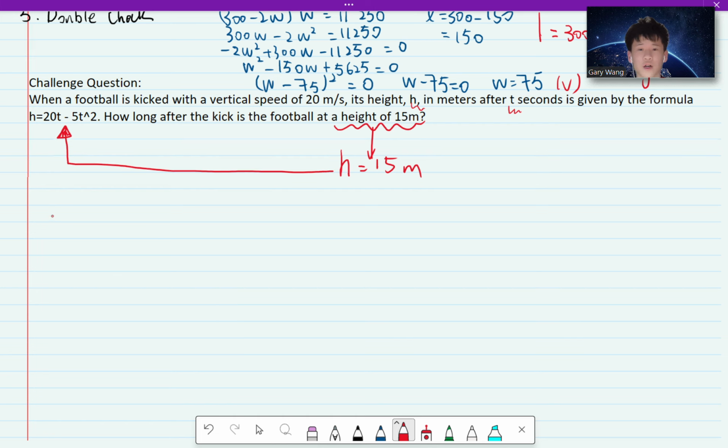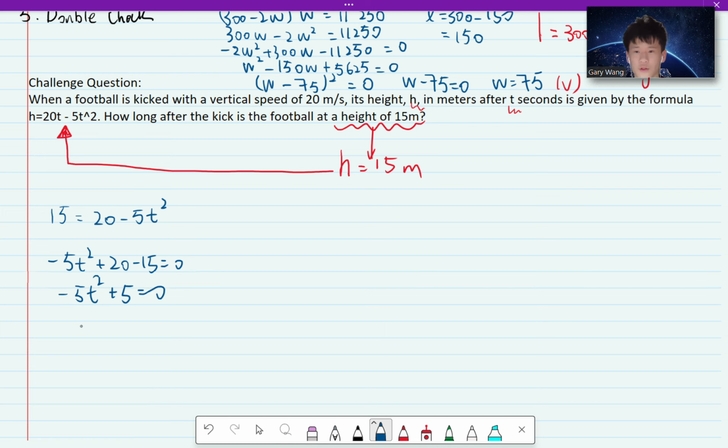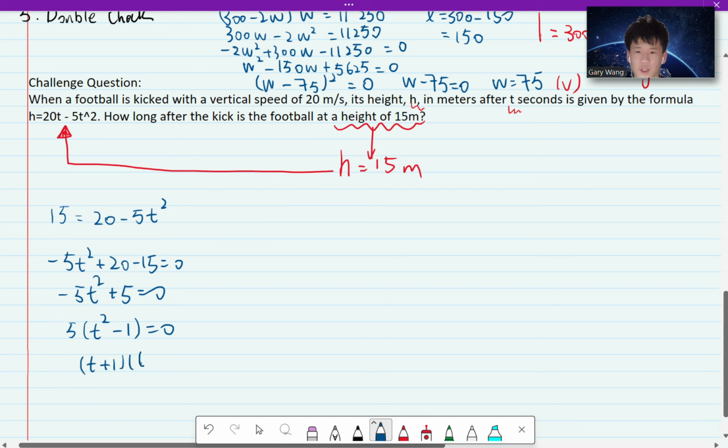So we can clearly see that 15 equal to 20t minus 5t squared. So let's rearrange it a little bit.